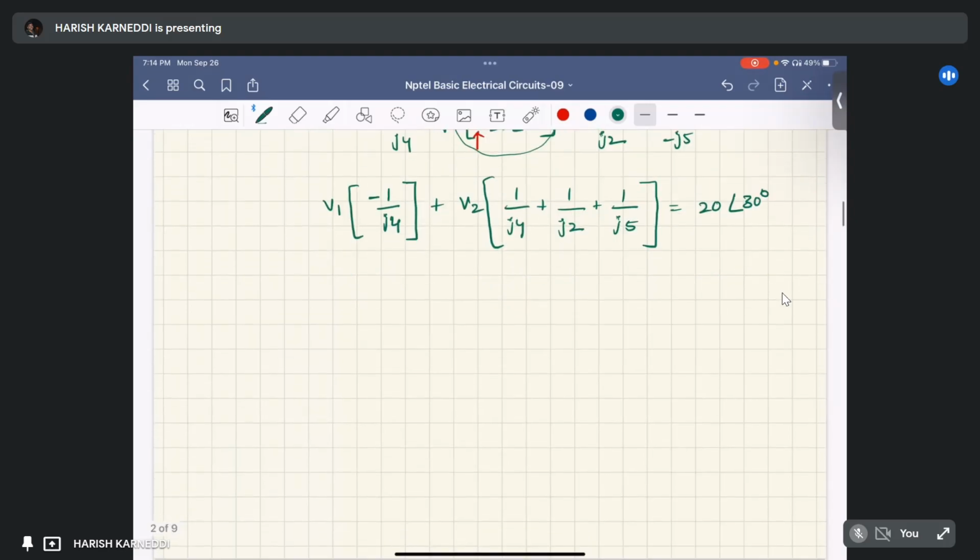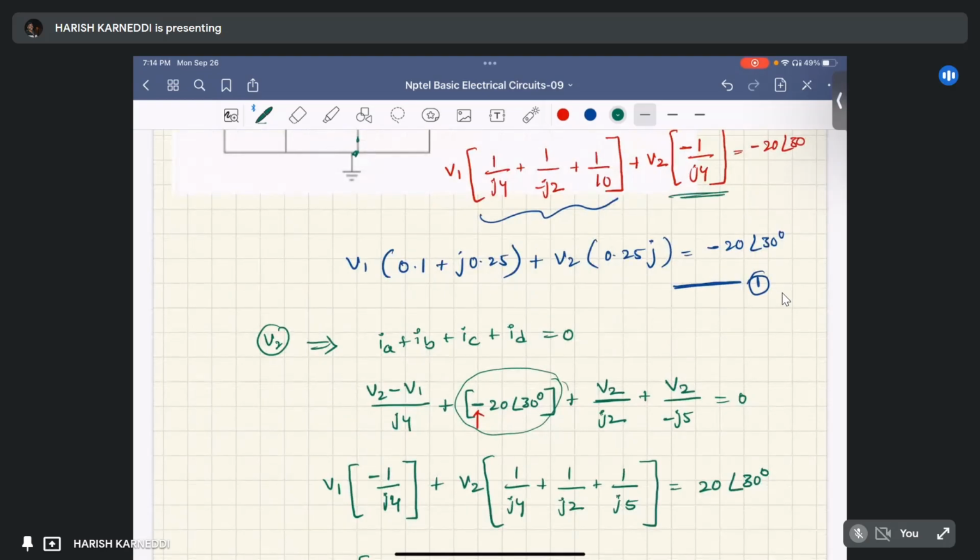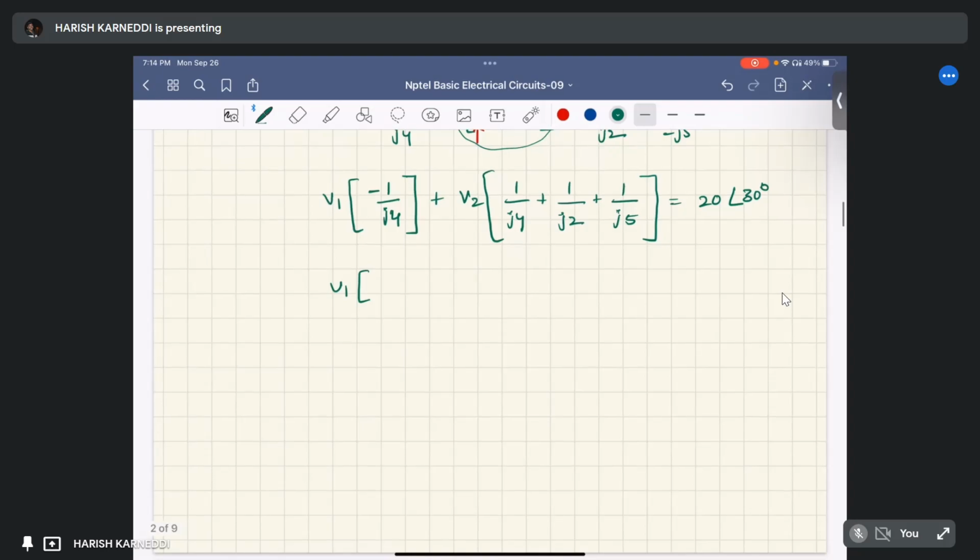What is the equivalent of minus 1 by J4 ohm? Just as we calculated here, minus 1 by J4 ohm is equivalent to 0.25 J. I am just writing the same thing, 0.25 J plus V2 into, what is the value of this particular term?